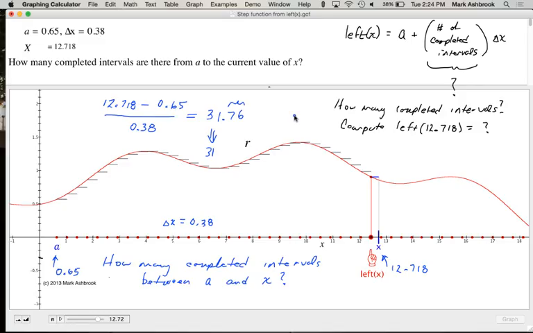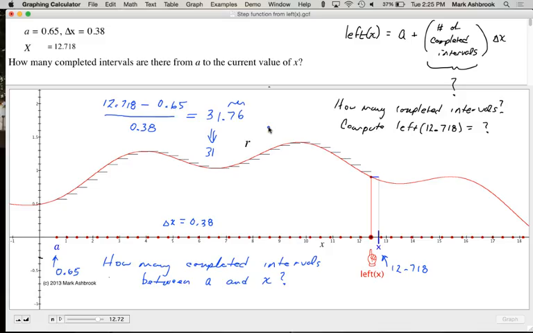Notice that we're not rounding 31.76. If you rounded 31.76, you'd get 32. That's not what we want. Whatever decimal is added on there, that's the percent that we are into the current interval. We don't want it because we want to know whole intervals.